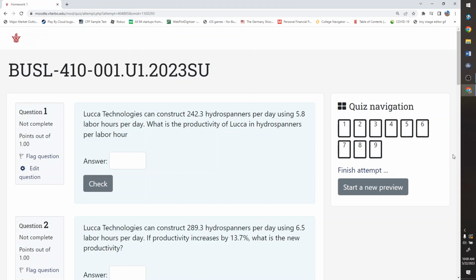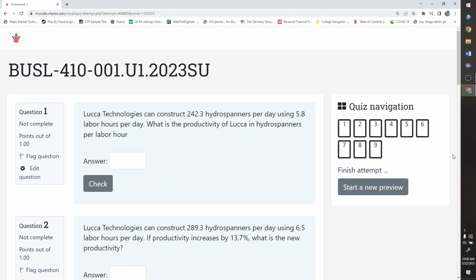Specifically, we're looking for quantitative ways to estimate the efficacy of a particular kind of operation in a larger organizational context. So here in question one, this is a production context, right?